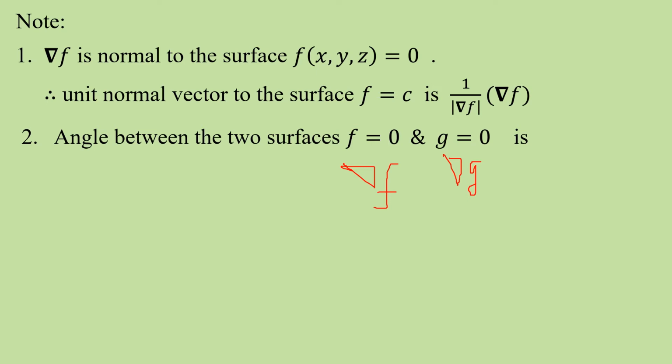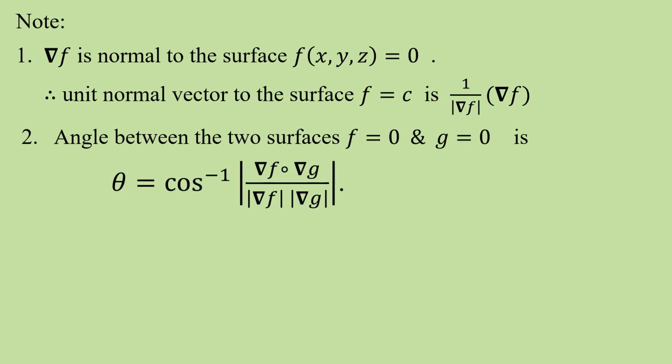So to find the angle between two surfaces, first obtain the normal to each surface, meaning get its gradient, then theta is cos inverse of the numerical value of the dot product of these two gradients, del f dot del g, by the product of magnitudes. Correct.